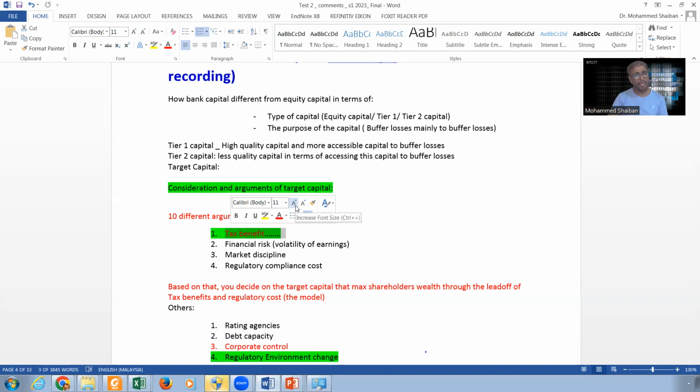When the penalty starts to outweigh the tax benefit, you have to stop. This is why we have that reverse U shape, which we call a quadratic equation, where we can stop. So if I give you the graph, please be able to understand it.